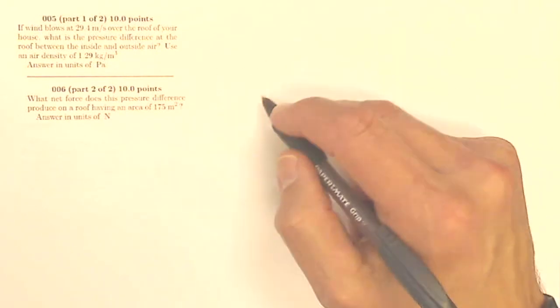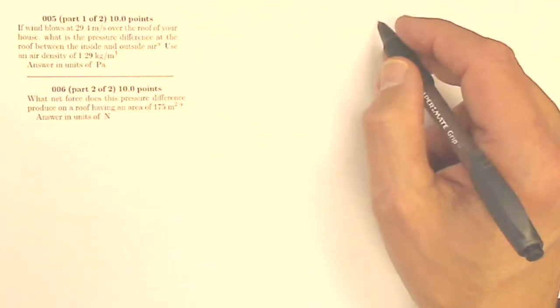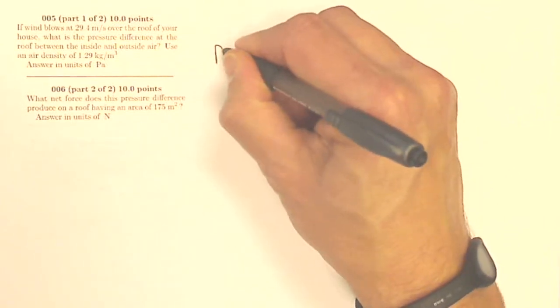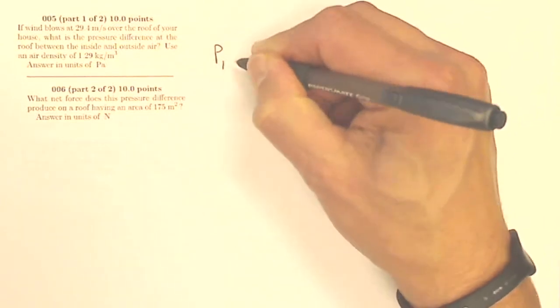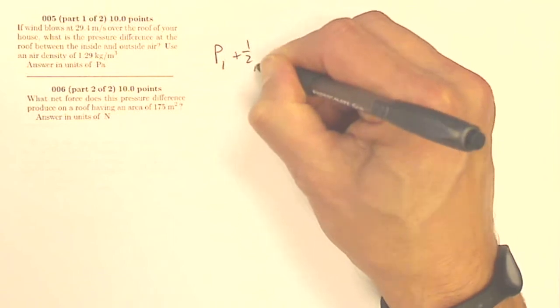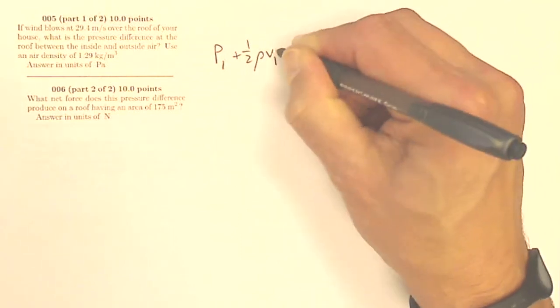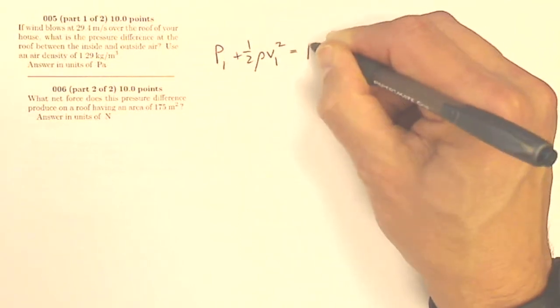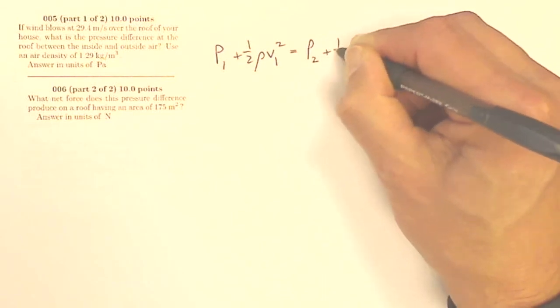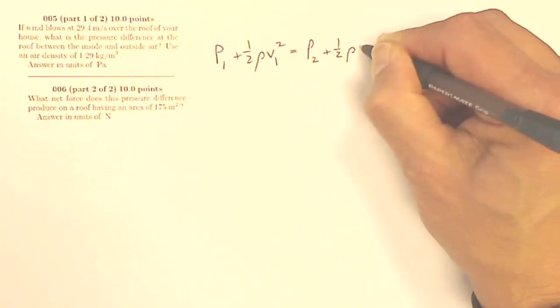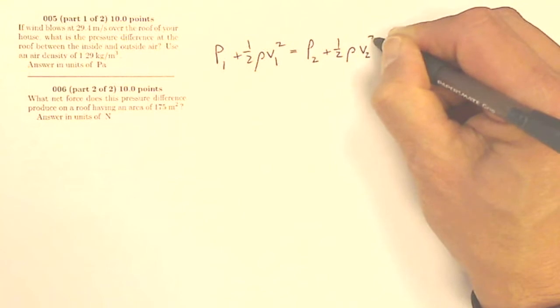So this is similar to doing the flow through a pipe, but what I can do is say that my pressure inside plus 1/2 rho the velocity inside squared is going to equal my pressure outside plus 1/2 the density times the velocity outside squared.